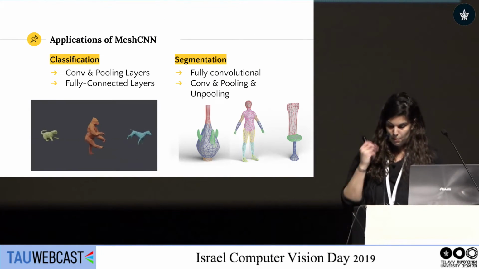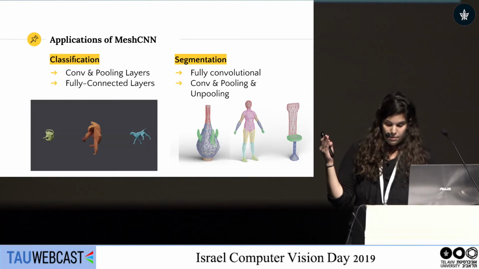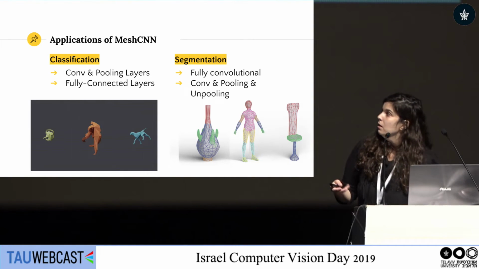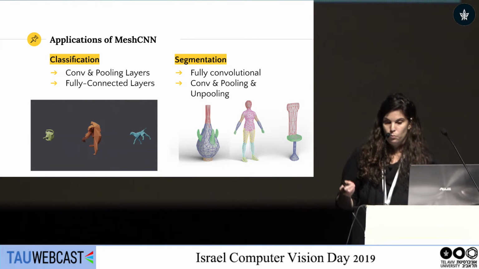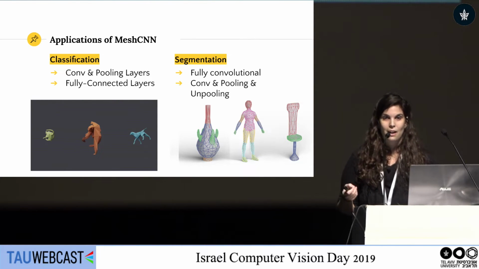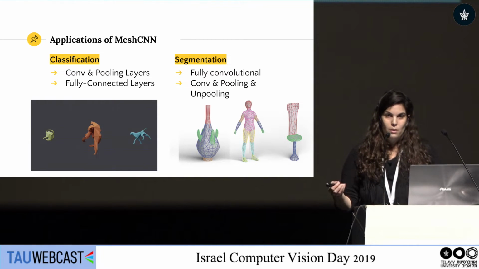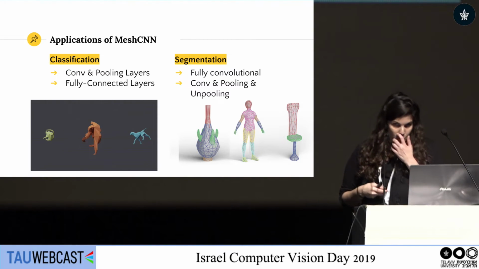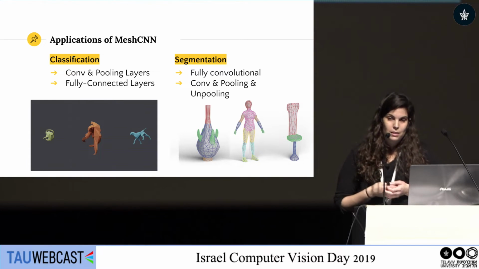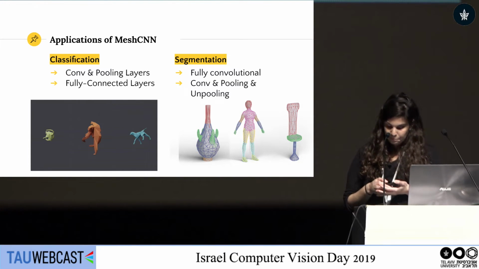Okay, so in the paper we show tasks of classification. For classification, we have convolution and pooling layers, and then we need to have a single global vector which will represent the entire shape. So we do a global max or global average pooling, and then we have fully connected layers.